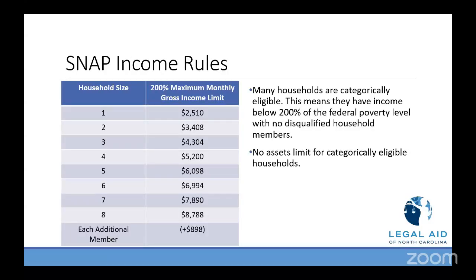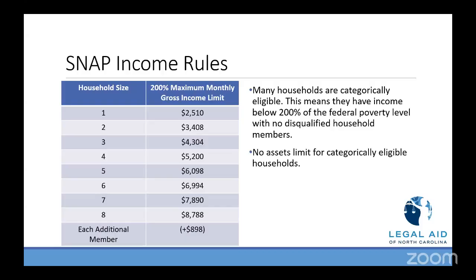This chart shows the income rules. This is the maximum gross income that a household can have based on its size in order to receive SNAP benefits. Many households are what's called categorically eligible. This means that they have income below 200% of the federal poverty level, and they have no disqualified household members.